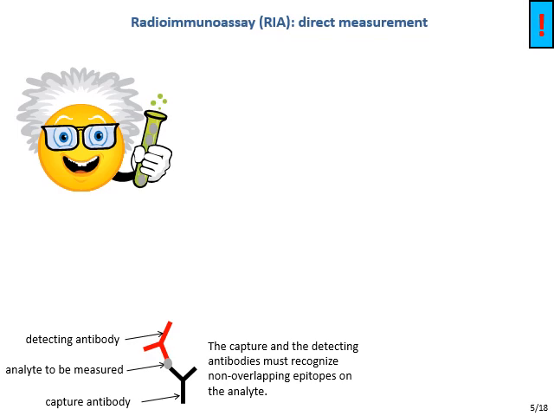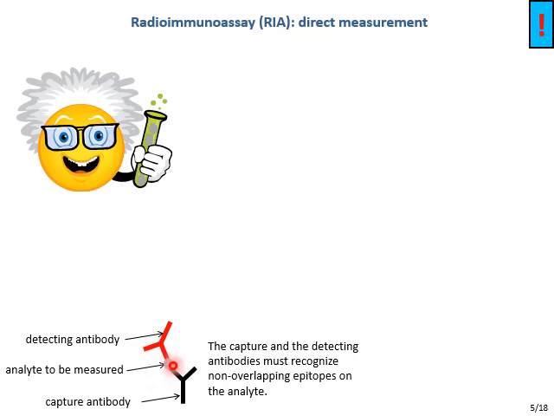First, let me introduce you to the principle of radioimmunoassay. And the aim of this approach is to detect the presence of certain substances or analytes in a certain fluid, which can be a serum sample. And let's assume that our aim is to measure the concentration of human growth hormone, these gray circles, in a human serum sample.